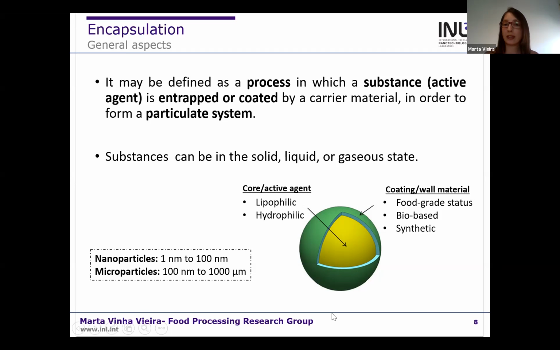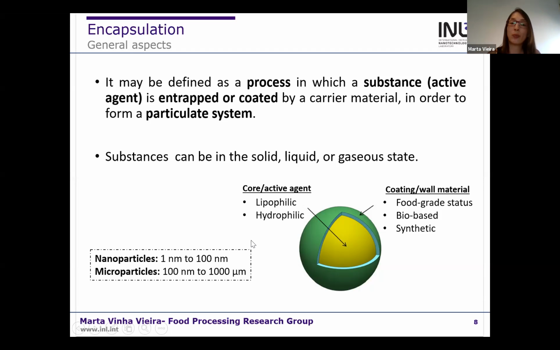Here we have a representation of a reservoir system of this particulate system, where the active agent is the core, and it is surrounded by a layer of the carrier material. But the active agent could also be uniformly distributed in this carrier material, and then it would be a matrix system.